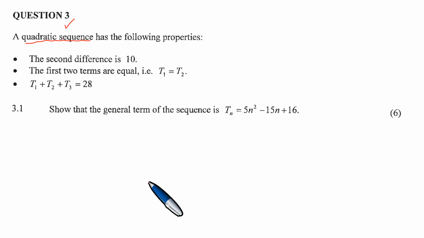How do we do that one? Right, so to do 3.1, we do the usual stuff. In 3.1, how do we show that? So we proceed as follows to do this particular question.